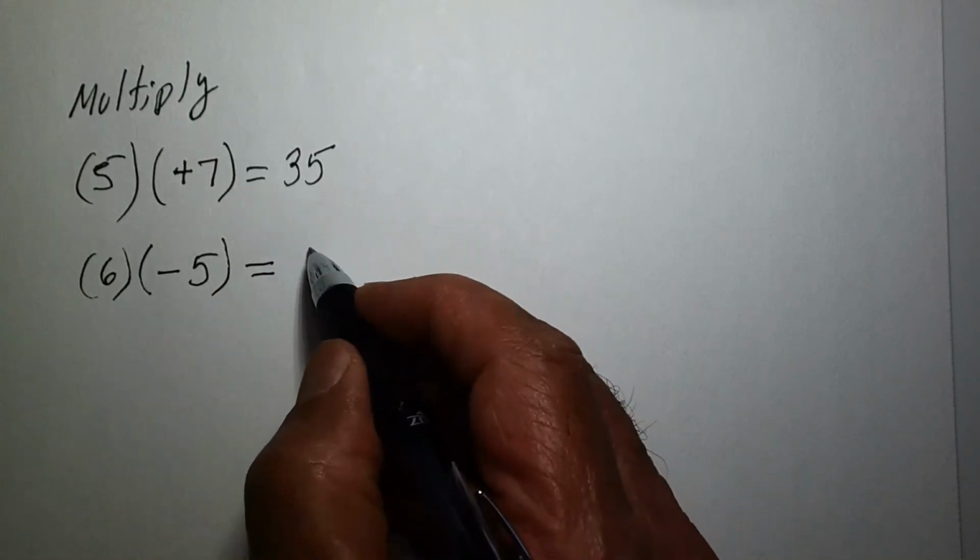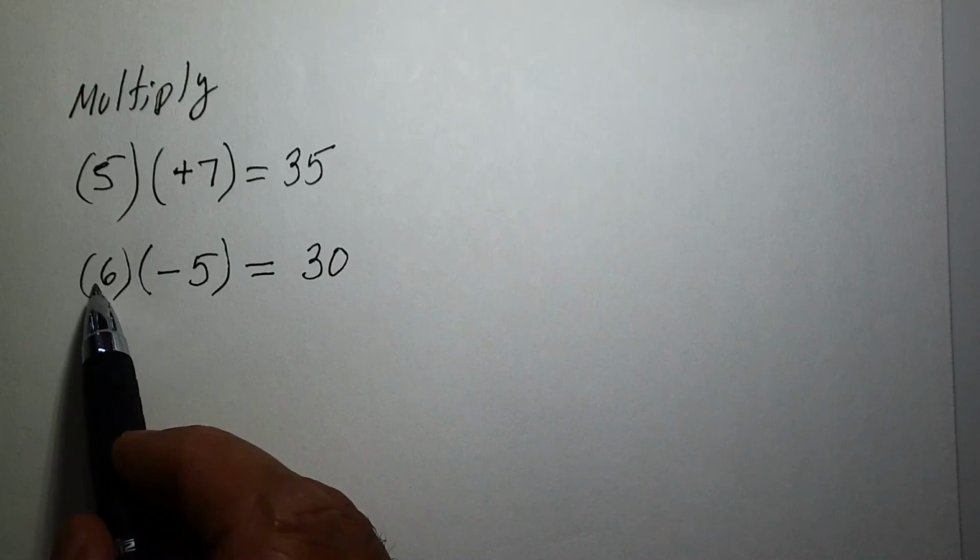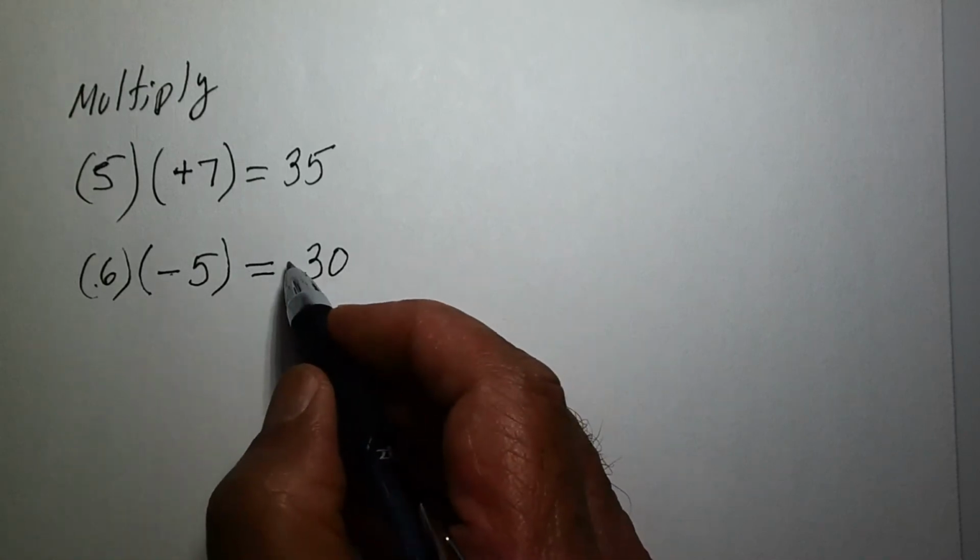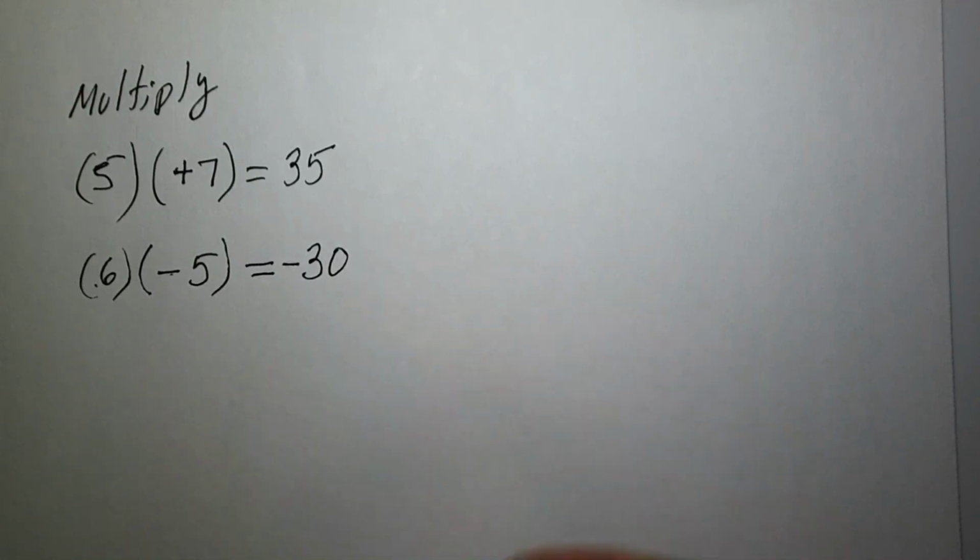We multiply, the result is 30. Positive times negative, different sign, negative.